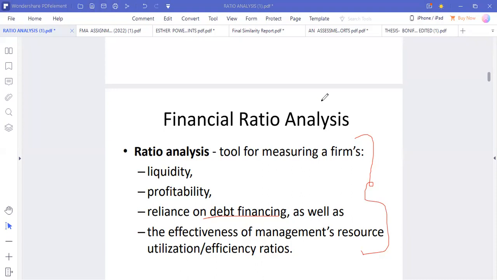Then also, we looked at other internal users of accounting information such as the employees. Of course, the employees want to know some basic information on how we are able to pay their wages. Other users of accounting information from the internal spectrum. Who did we talk about?